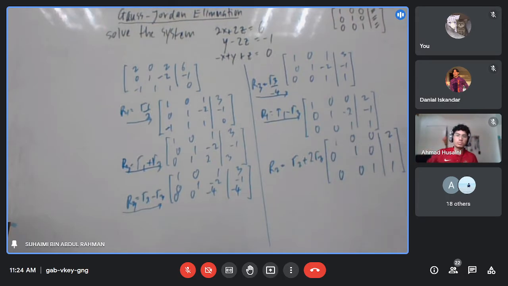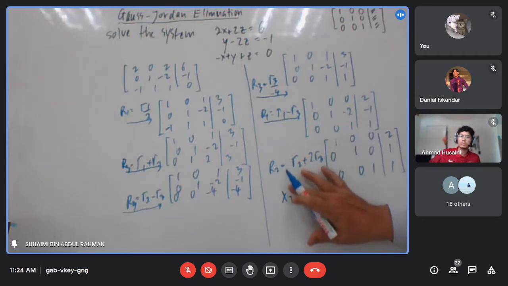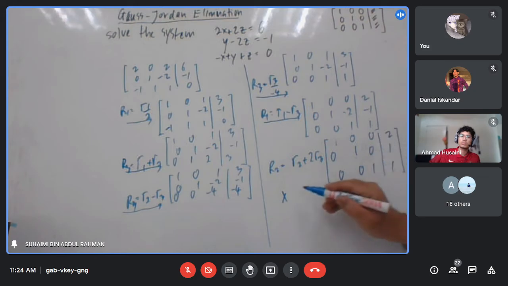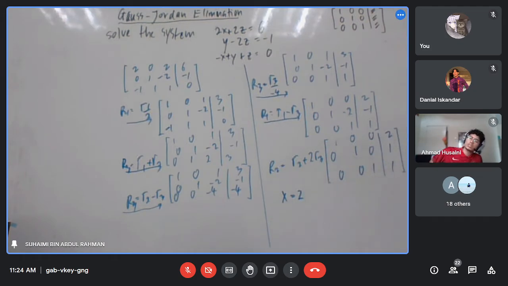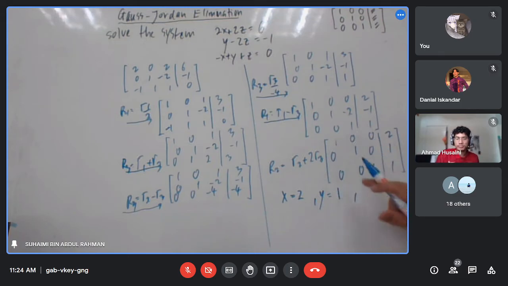So from here, we get x plus 0y plus 0z equal to 2, 0x plus y plus 0z equal to 1, and 0x plus 0y plus z equal to 1.